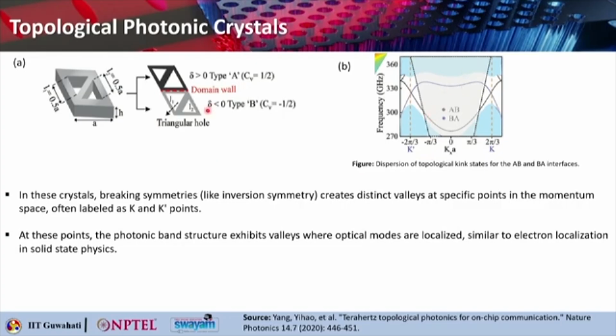Okay, so this is a symmetrical structure with symmetrical holes. You can make delta greater than 0.